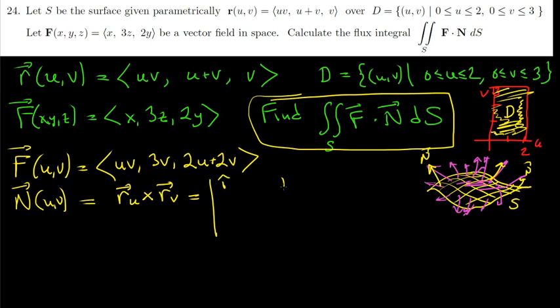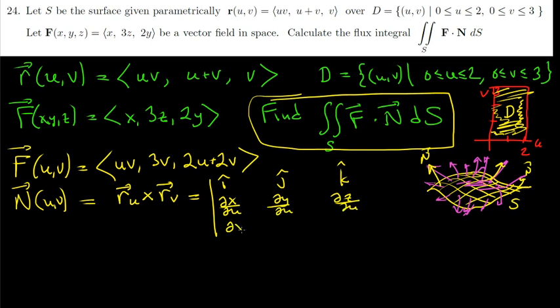It's a cross product, so i, j, and k, then the partial of r with respect to u, which is the partial of x with respect to u, partial of y with respect to u, partial of z with respect to u.